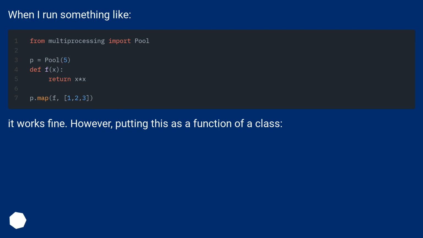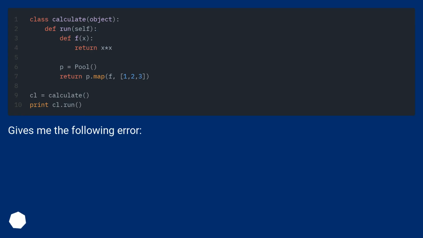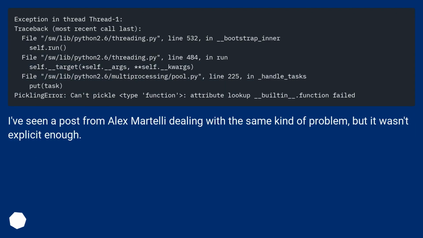However, putting this as a function of a class gives me the following error. I've seen a post from Alex Martelli dealing with the same kind of problem, but it wasn't explicit enough.